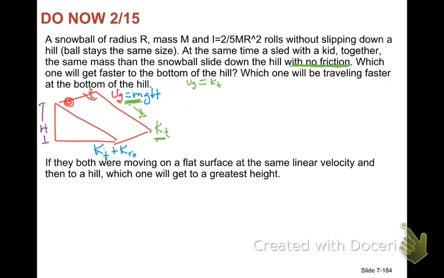Now, something else that I need to check is if there is a force doing work, then the energy will be changing. Are there any forces doing work on the objects? You may be thinking, well, the force of gravity is pulling them down. Yes, you're right.